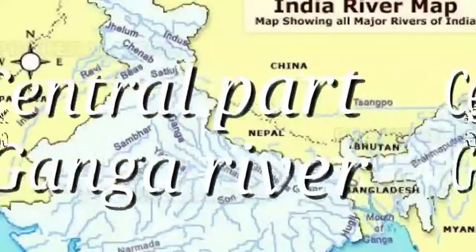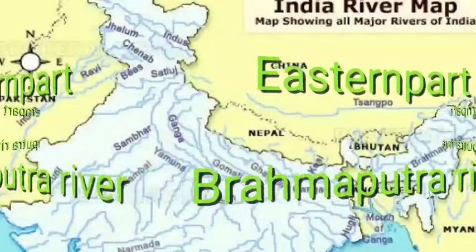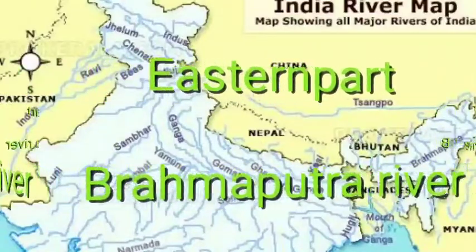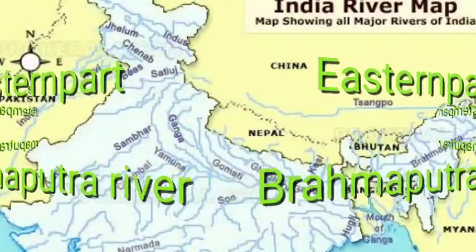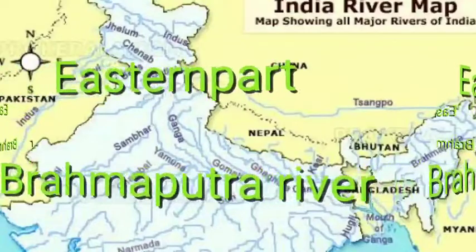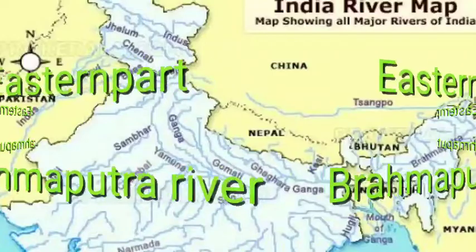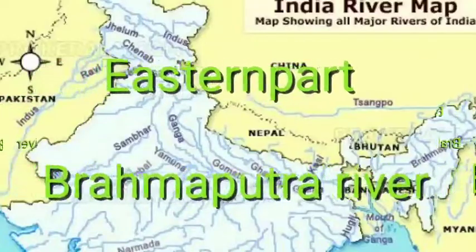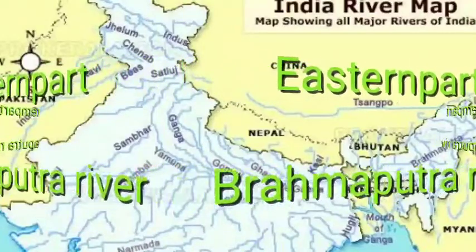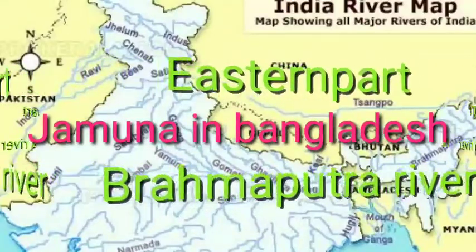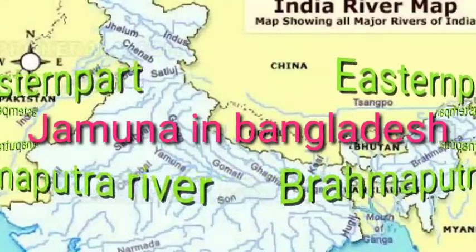Eastern part is mainly formed by Brahmaputra and its tributaries. Brahmaputra originates at Chemayungdung Glacier in the Kailasa ranges near Manasarovar. This river is known as Zangpo in Tibet, and Jamuna in Bangladesh.